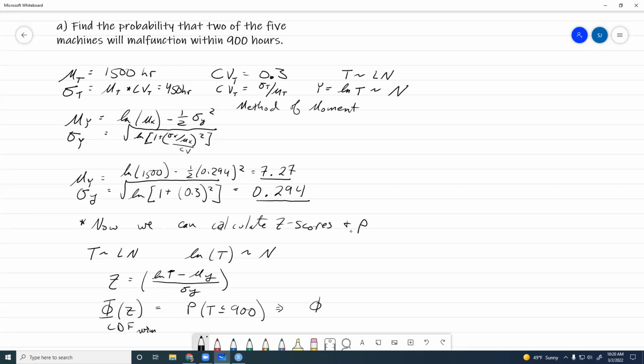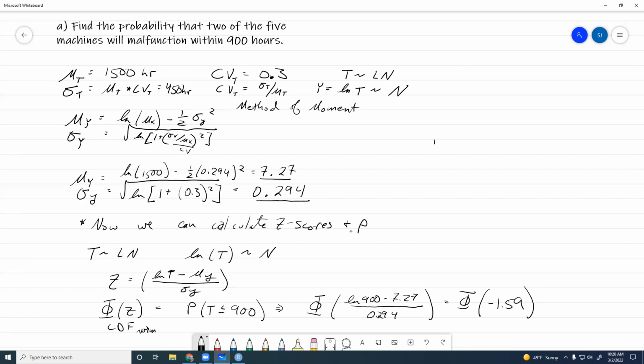So we're going to say phi of whatever our z-score is. That's going to be ln of 900 minus mu of y, divided by sigma y.